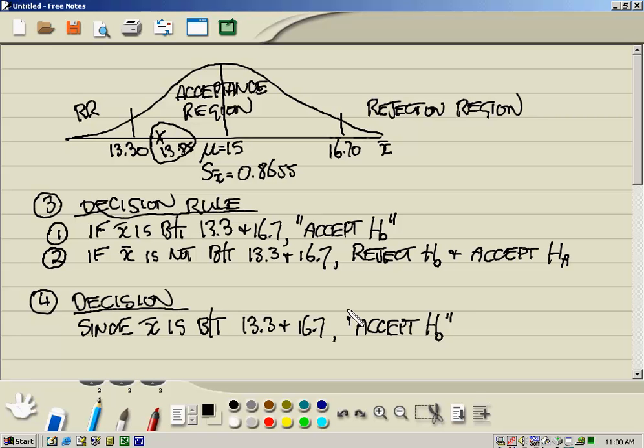Other than the fact that later on down the road we will clean up this concept of accepting the null and put interpretations in, that's the basic hypothesis test. For right now, the decision to accept the null corresponds nicely to the terminology of the acceptance region, and rejecting the null corresponds again nicely to the rejection region. Alright, let's stop there and we'll look at another example in a little bit.